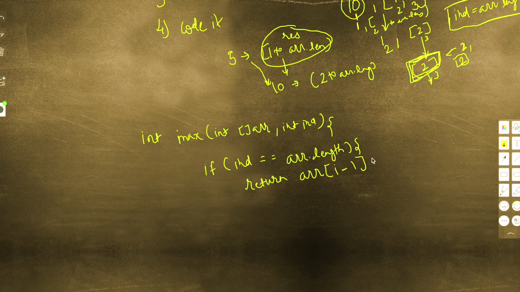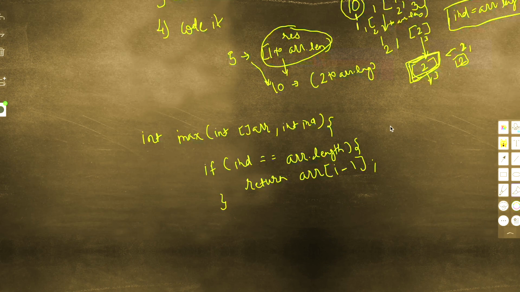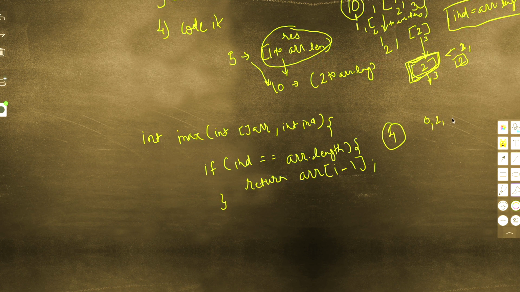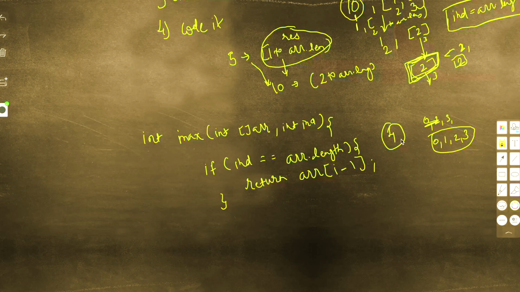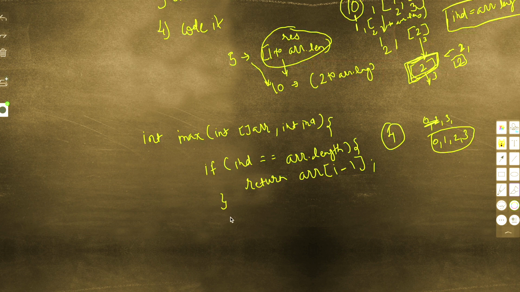Okay, why i minus 1? Because array.length, suppose we have 4 elements, will give 4, but index starts with 0, so the index goes only till 3, so we need to do i minus 1.